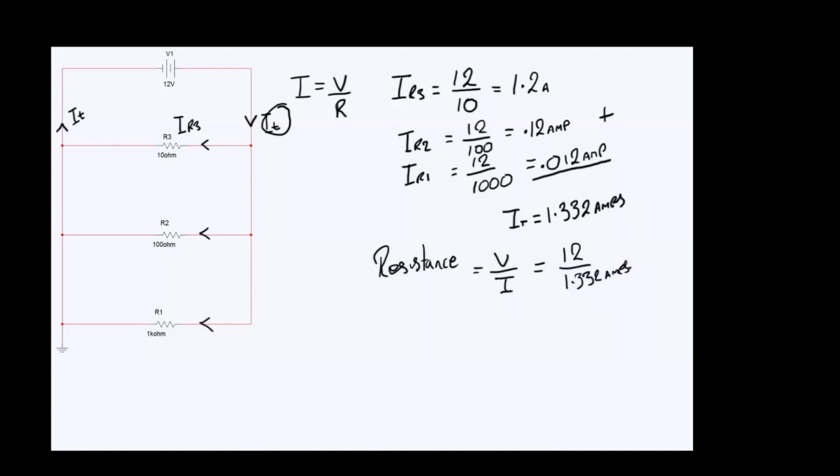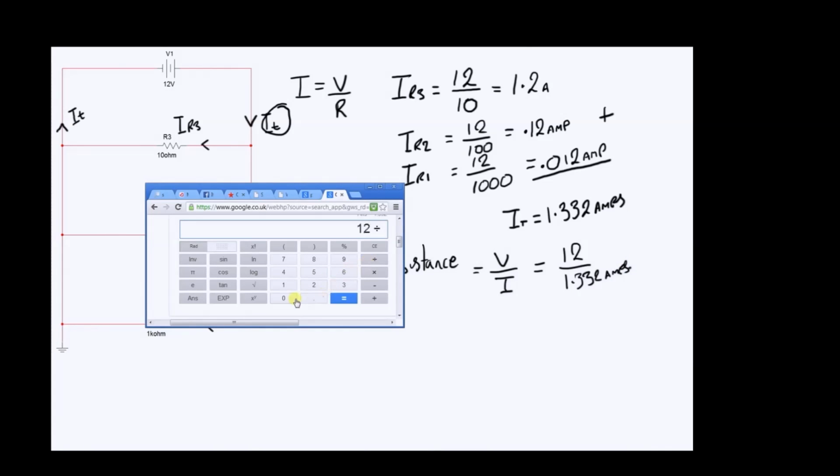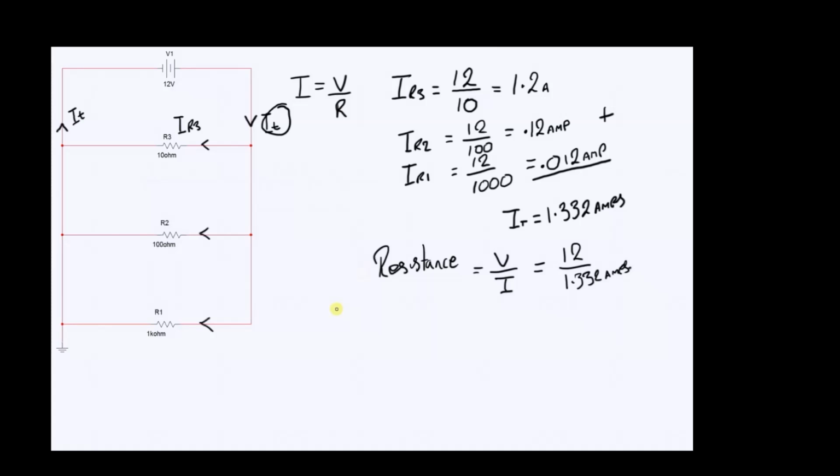Back to the online calculator, and the total resistance for this circuit is 9 ohms. We've gone through quite a lot there to prove this. We've worked out the total current and also the currents through each branch.